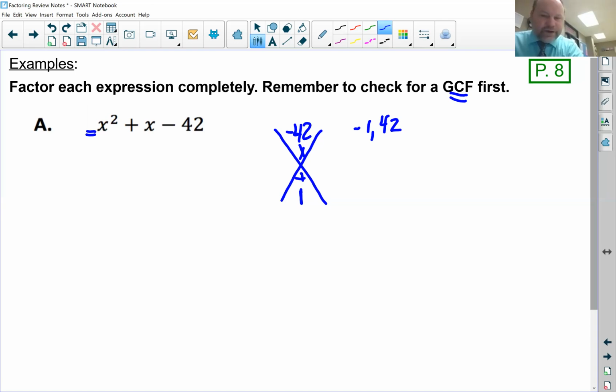And you could try negative 2 and 21, negative 3 and 14. 4 is not going to work. 5 is not going to work. 6 will work because 2 and 3 both work. And look at that, they add to positive 1.